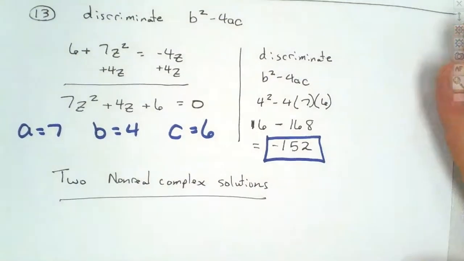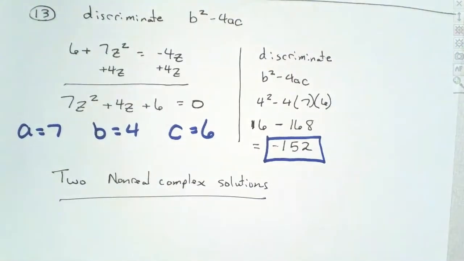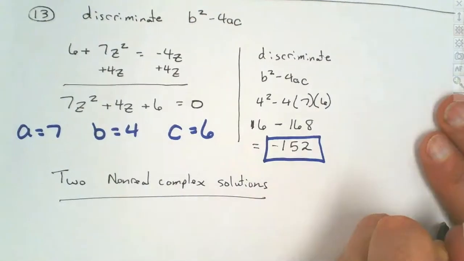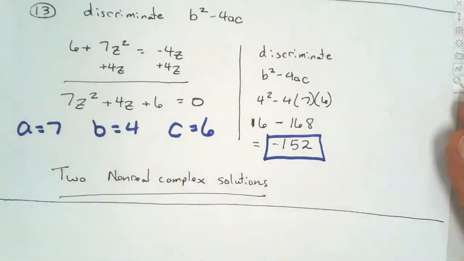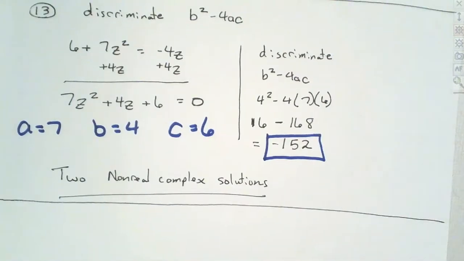Okay, so 2 non-real complex solutions because of the fact that that was negative. We don't even care if it's a perfect square or not. If it's negative, 2 non-real complex.